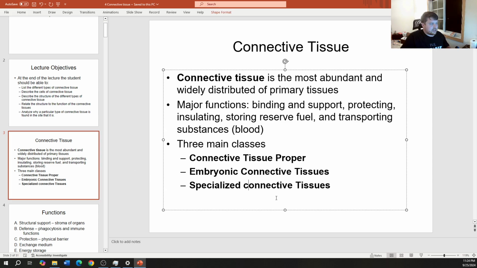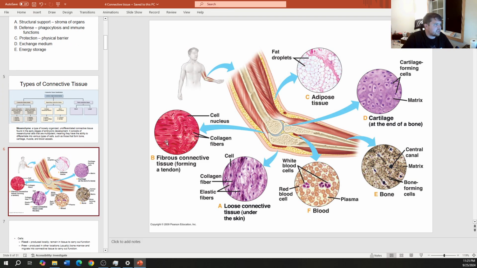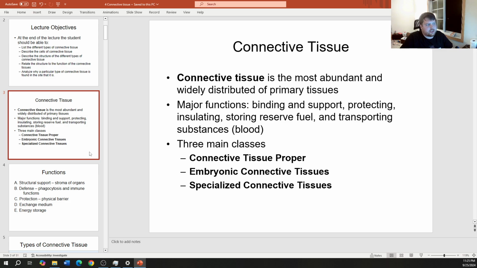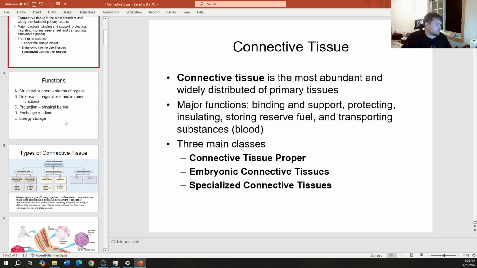Those proper connective tissues are like, think about the collagen, think about the bone, these kind of big ones, that when you think of connective tissue, that's what comes to mind. We also have embryonic connective tissues. Embryonic connective tissues, this is just like it says, it's within the embryo. There's two main ones that we're going to look at there. And then we also have specialized connective tissues.